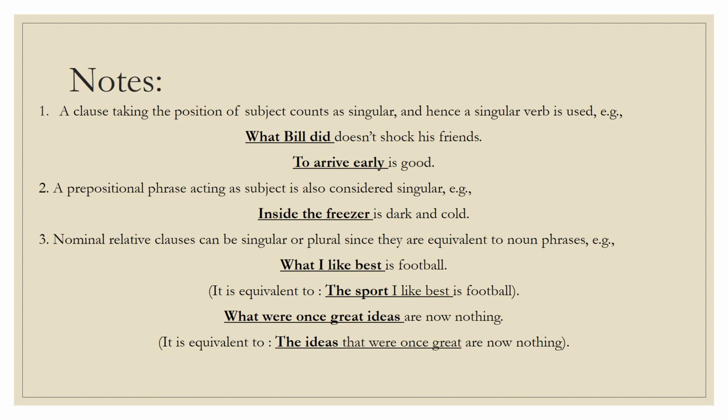But within Concord, you have to bear in mind that nominal relative clauses usually refer to something. Okay, they can be replaced by specific noun phrases, identifying or telling us their meanings.